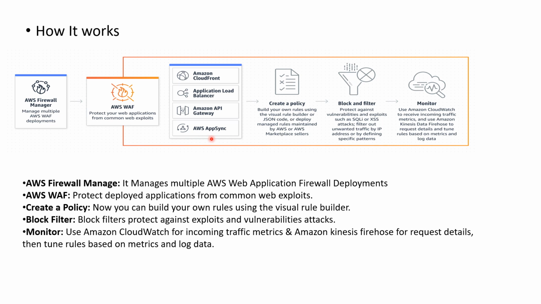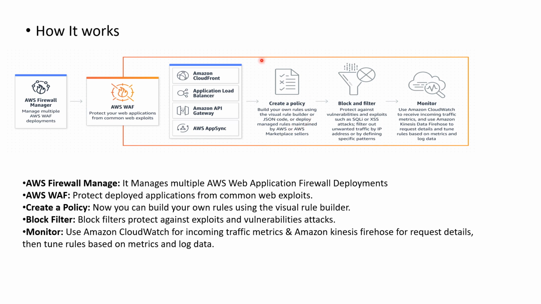When we configure CloudFront, load balancer, API Gateway, or AppSync, we can deploy a WAF for allowing and blocking the external traffic. We can create a policy and rules. Within the policies, we can create a number of rules based on the IP addresses, based on the URI, based on the traffic.